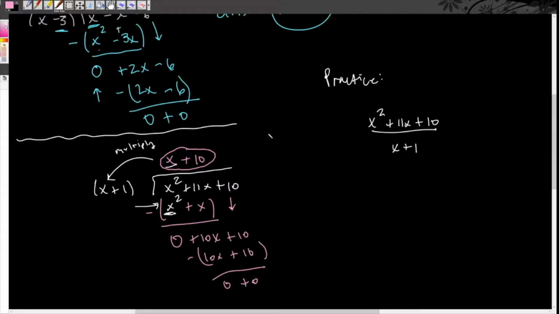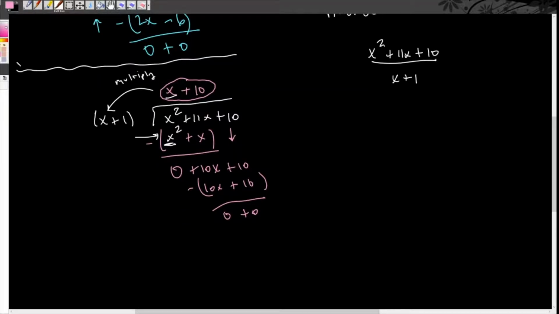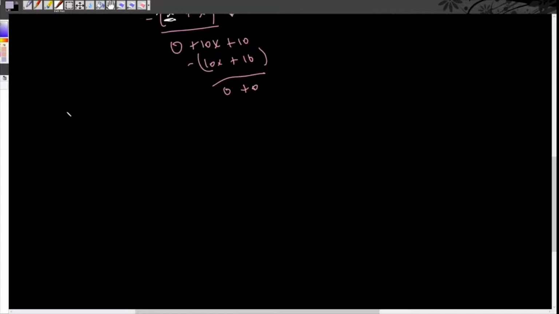Alright, so 2x squared minus x minus 10. Divide by, I'm just going to go ahead and write it this way, x plus 2.